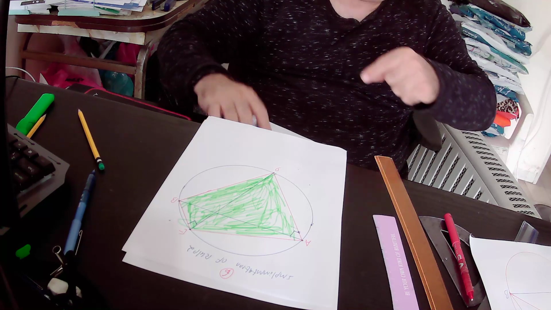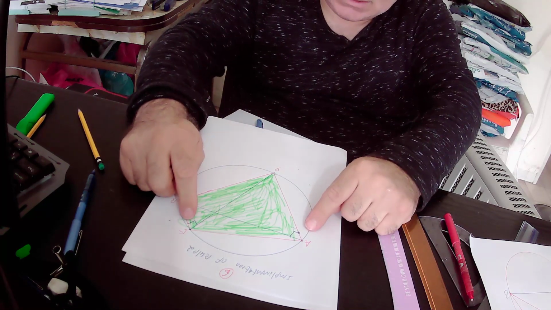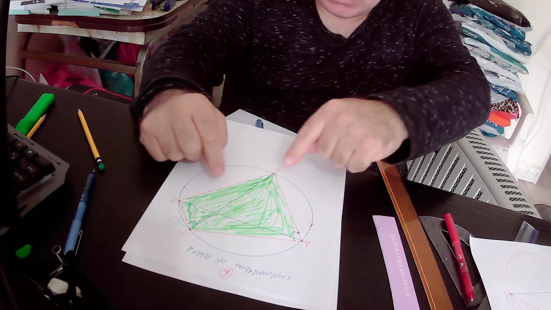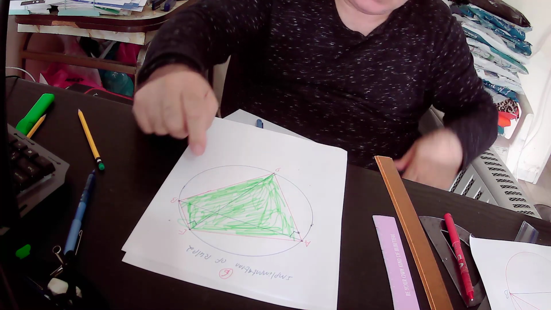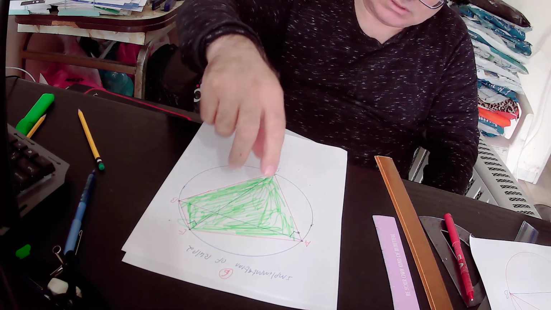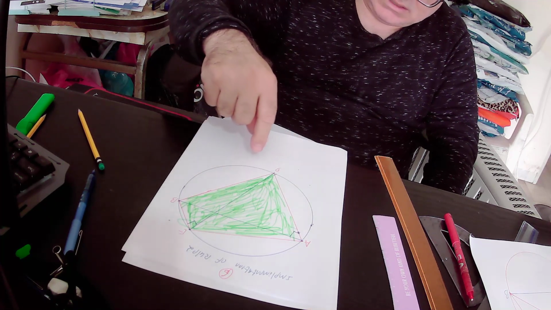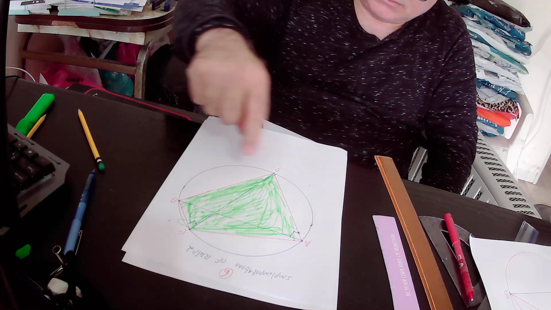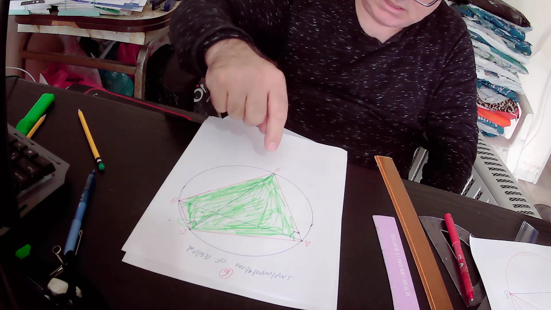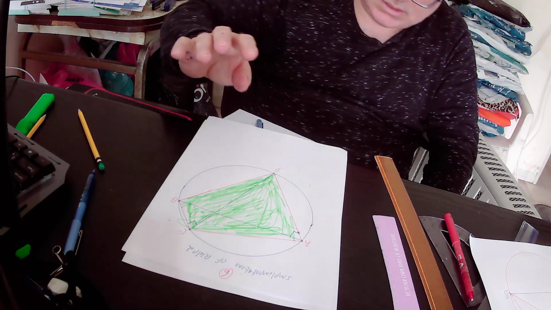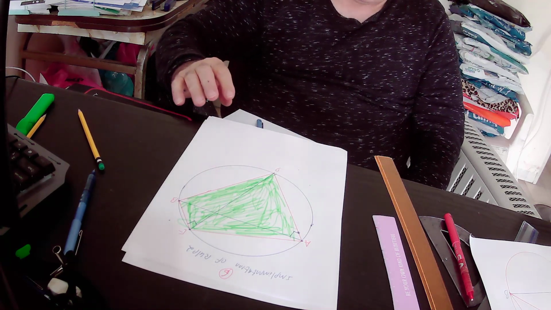Because we add two right angles that rest on the same line segment BD, therefore according to rule number 2, the quadrilateral in the green color, quadrilateral AEBD, is inscribed by this blue circle, and the 4 points A, E, B, and D lie on this blue circle. Okay?